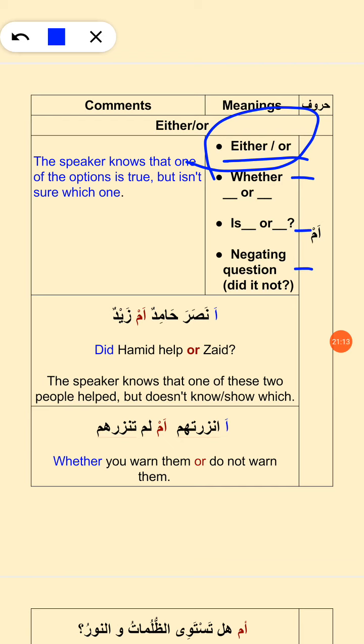Okay, now once again, the comments in blue simply mean that you don't need to know them. This is just for those people who would want to know the subtle differences between imma and o. Okay, so if you want to know, you can learn this thing and then apply it. And if you don't want to know, it's perfectly all right. But the things that I tell you to know, you must know those things at least.